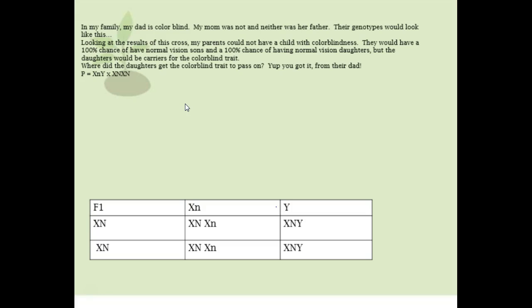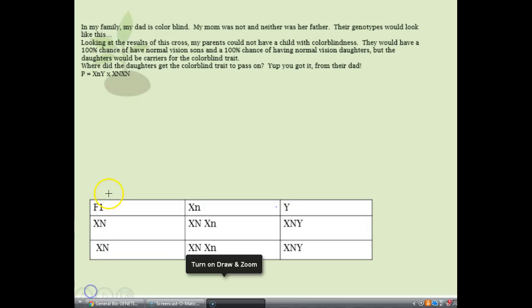My mom just found it easier to lay out his clothes so he knew what matched. But my mom did not have color blindness, and her father didn't have color blindness, so she was homozygous dominant. So their genotypes, and I know that this should be a superscript, but for some reason it didn't transfer over that way. So my dad's genotype would be X with that recessive n, and we knew he was a male because he had that Y chromosome.